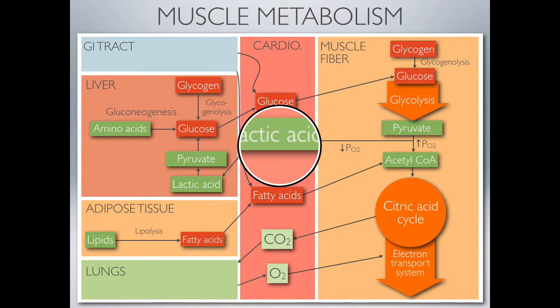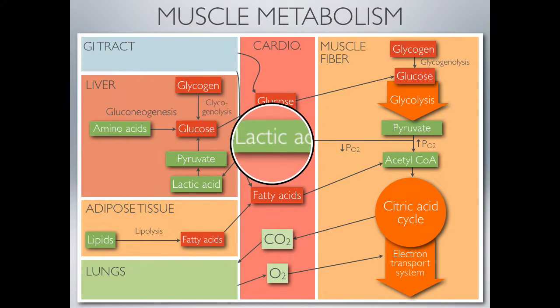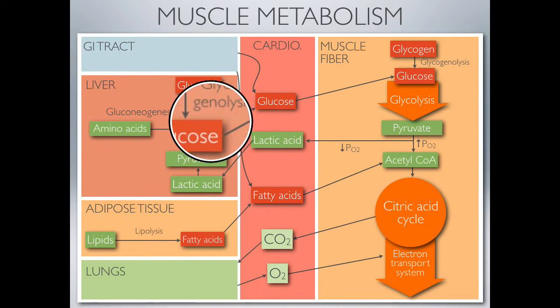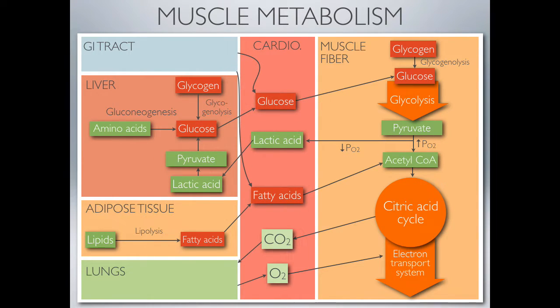It also has this ability of recycling the lactic acid that's produced when you do anaerobic metabolism, and converting it back to pyruvate and then glucose, and then recycling it back again. So again, the liver is sort of this magical organ, which is really important for energy balance.